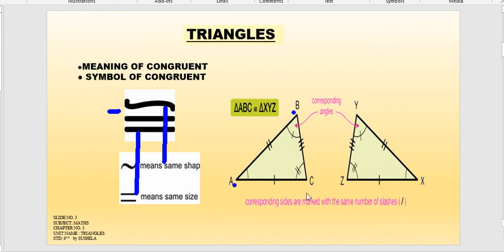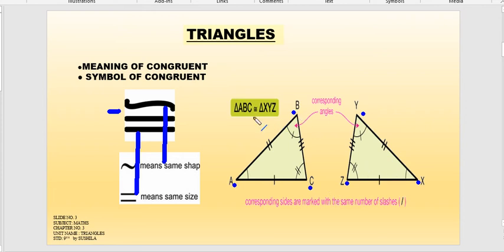Here is the triangle ABC, and the triangle XYZ, right? Here angle B corresponds to angle Y of the other triangle, and all the sides are shown with slashes: AC is equal to ZX, AB is equal to YZ, then BC is equal to YX, right?